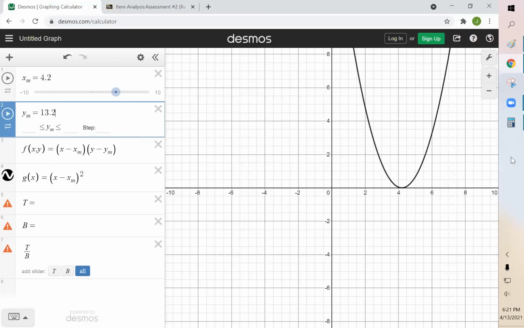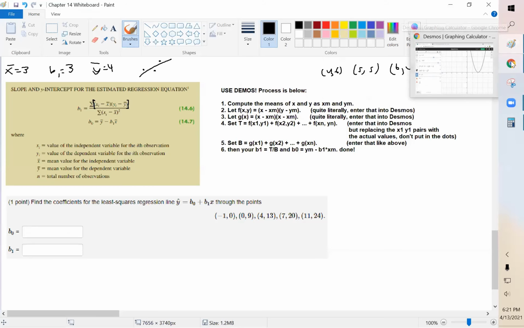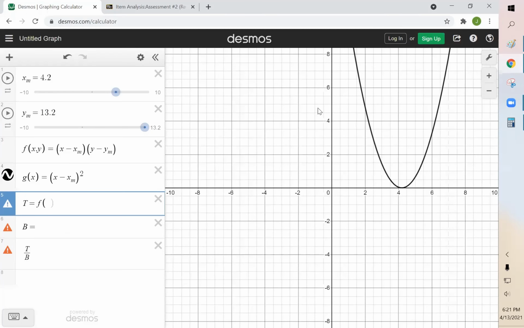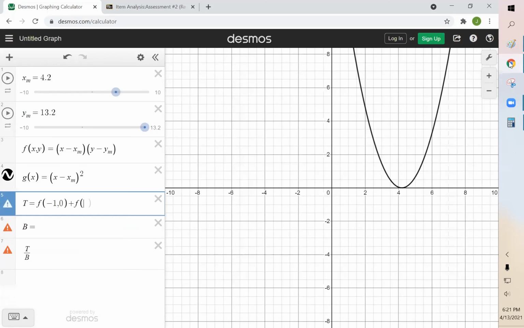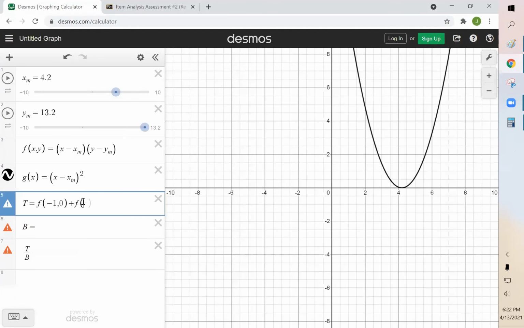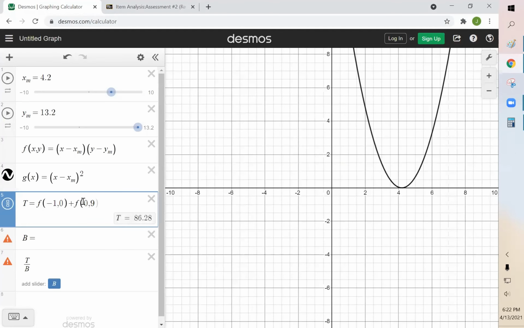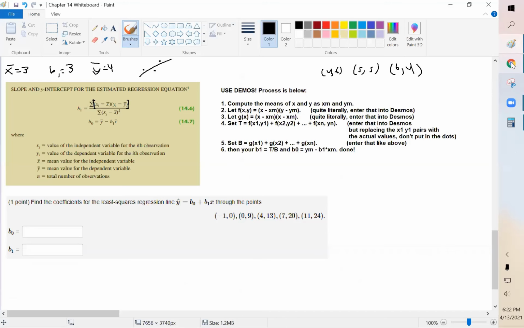Now, the top is just the sum of the 5 F's because we have 5 sets of data points. Our first one is -1, 0. Our second one is 0, 9. And the next one is 4, 13. Doesn't matter if it goes off the screen, as long as you type it in.